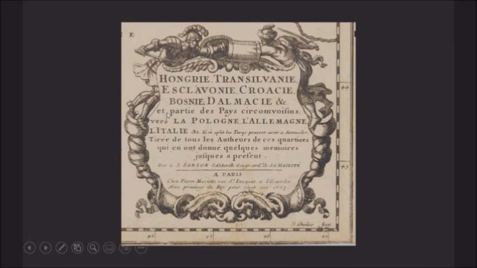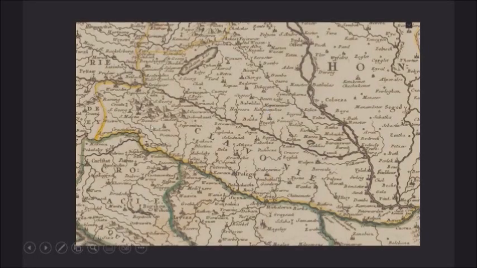This was a period of extraordinary conflict. You can see from the maps at the time, Hungary and Transylvania, maps from the period showing the warfare, basically, and an area that became known as Esclavonie. Esclavonie was that area in southern Hungary.